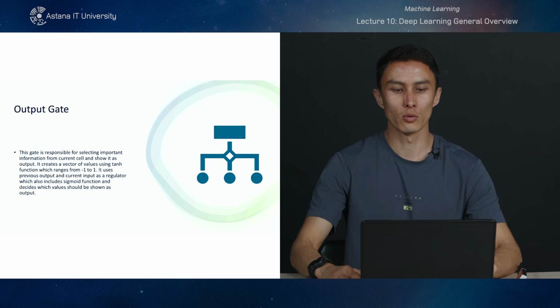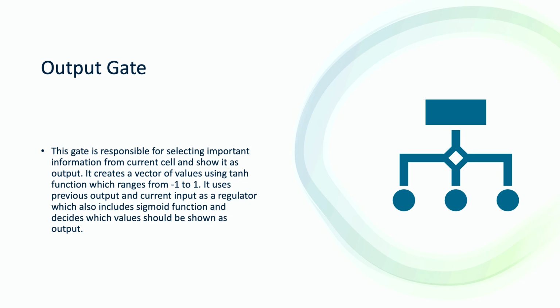Now we come to the output gate. This gate is responsible for selecting important information from the current cell and showing it as output. It uses the previous output and the current input, and regulates which information should be shown as output. It can vary from -1 to 1.